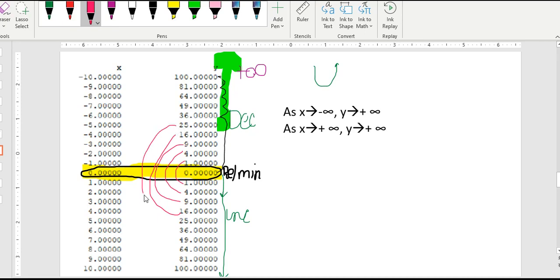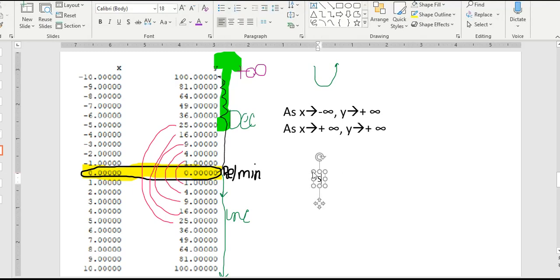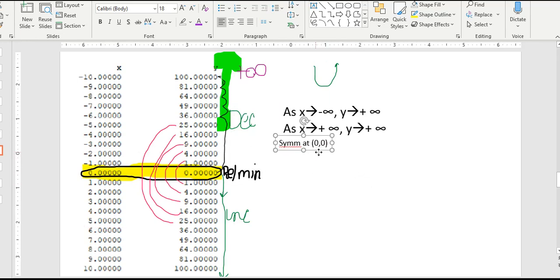This is the mirroring that I'm talking about. So that means that we do have symmetry about that point 0, 0. And that is all that we can conclude with table number 1.